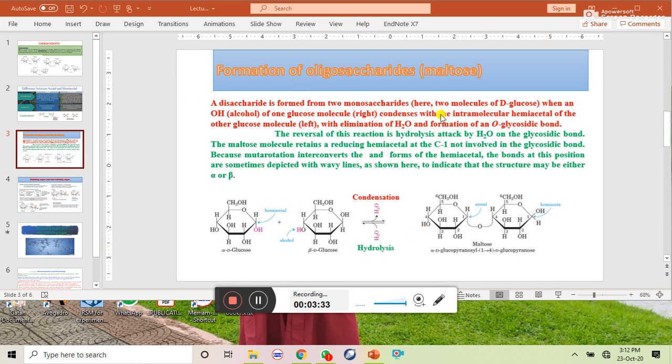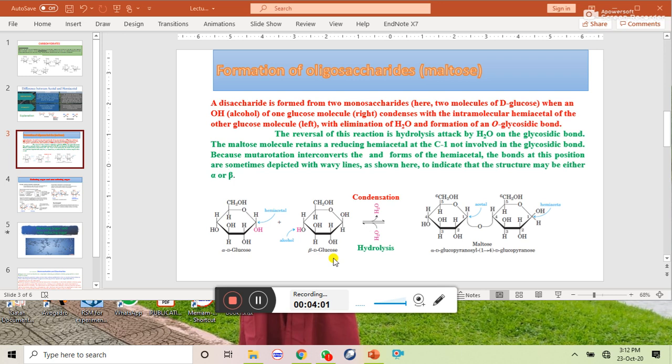Now we can see the explanation of acetal and hemiacetal in the formation of maltose. In the formation of maltose, one alpha D-glucose combines with beta D-glucose.